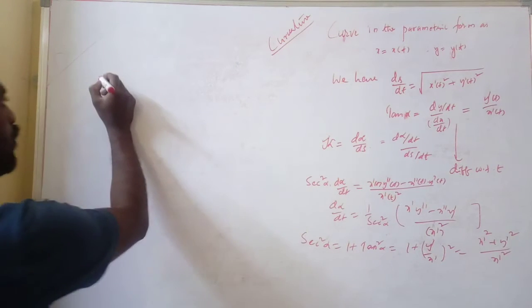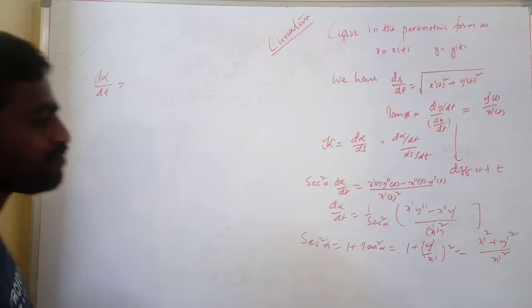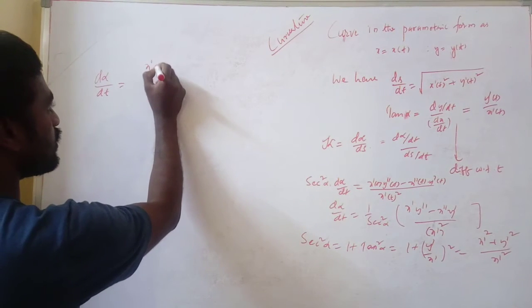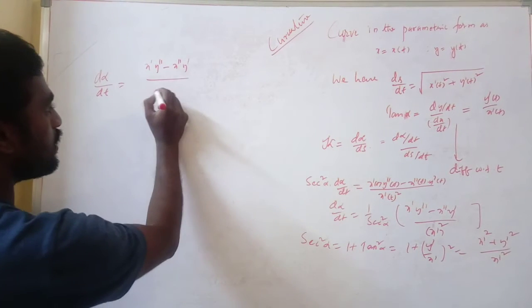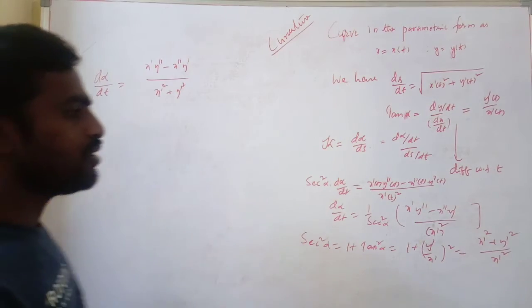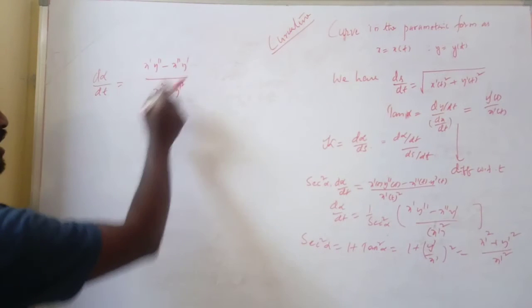So finally d alpha by dt is equal to x dash y double dash minus x second derivative y dash by x dash squared plus y dash squared. The denominator x dash squared and x dash squared cancel, so finally you get this term.